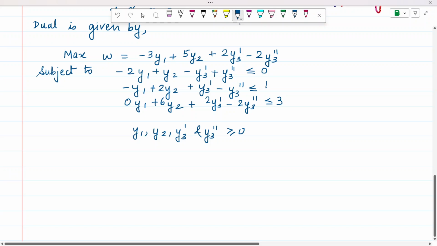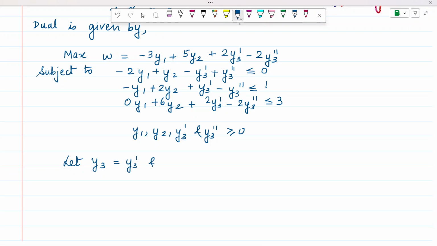We will now replace y3 as y3 prime and y3 double prime, the difference between these two. Okay.